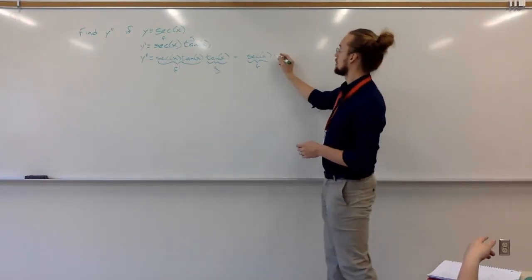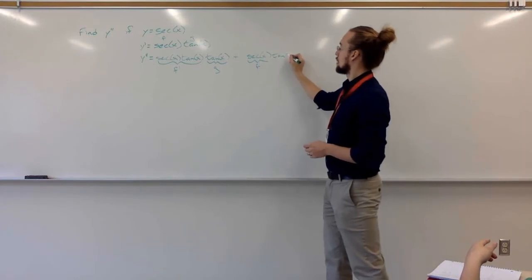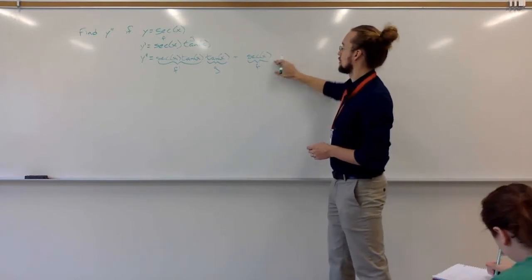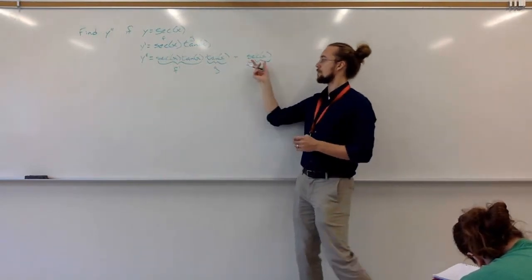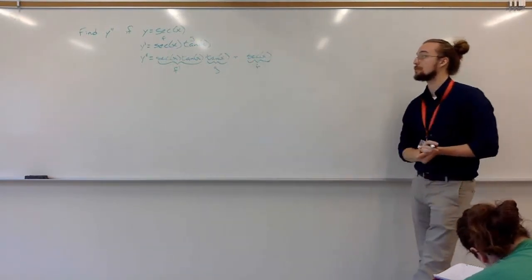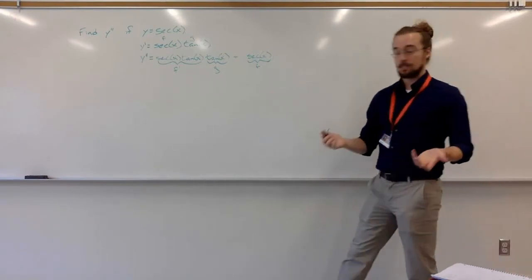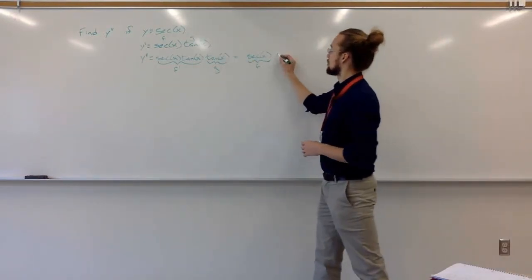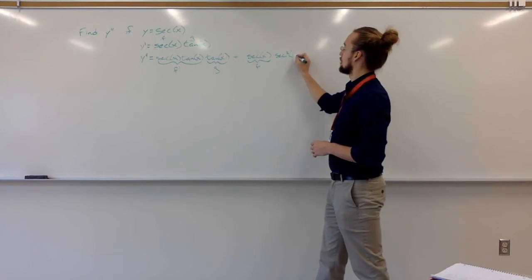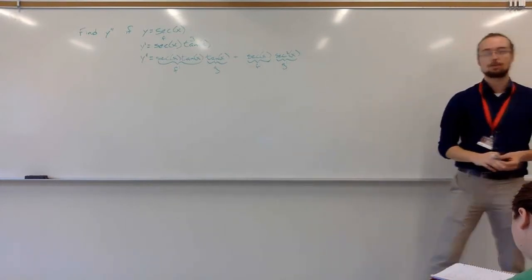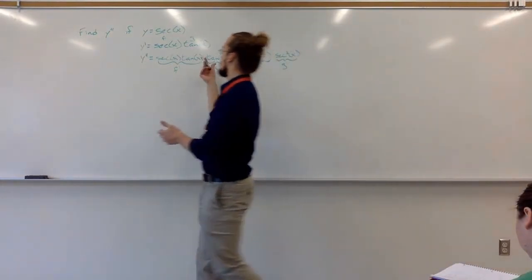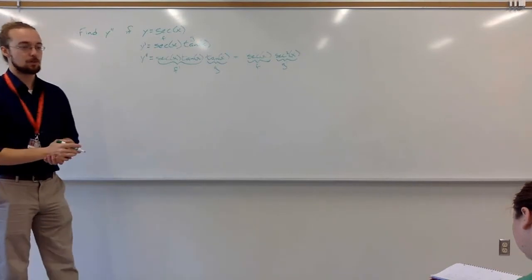My f is just secant, times the derivative of the second, the derivative of tangent, which is secant squared. We just have a secant cubed there. Okay, so we could simplify this a little bit and make it secant times tangent squared plus secant cubed.